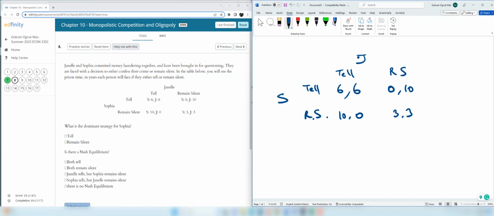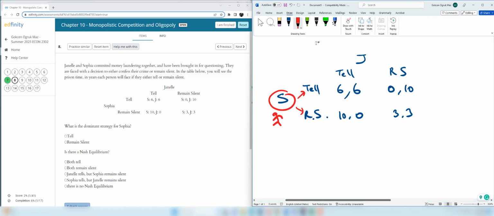Now we are going to learn how to find the Nash equilibrium of this game. We will assume that you are now the player, Sophia. You are here, and you have two strategies, tell or remain silent. You need to find out what your best response is for each strategy of Janelle.